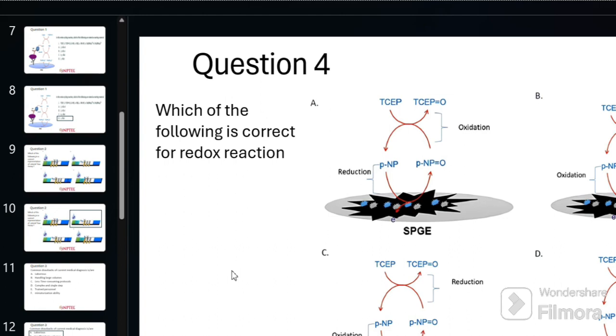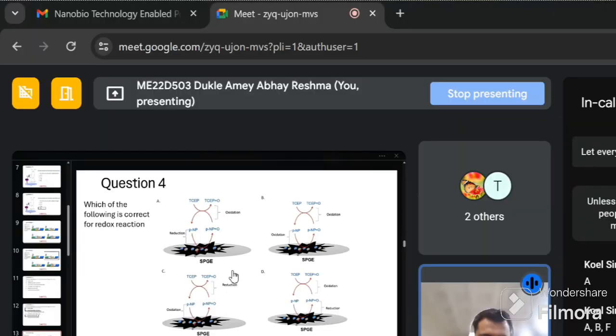In this case, what is the purpose of the redox reaction occurring? Can anyone say why we are doing this redox reaction, what is the fundamental reason for having this redox reaction in our sensor?